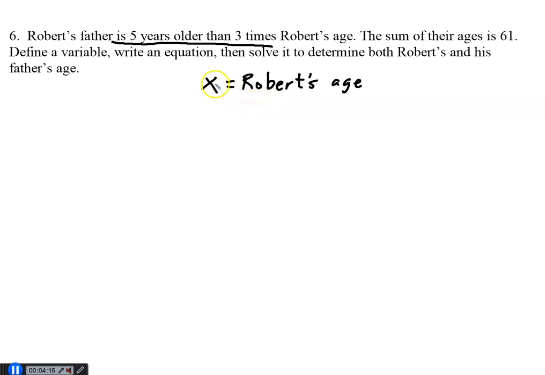So we'll start with x being Robert, and then we're going to use this phrase. So 5 years older than, that's another way of saying adding 5 to 3 times Robert's age. So 3 times Robert's age, in other words, increased by 5, and that will be Robert's dad.